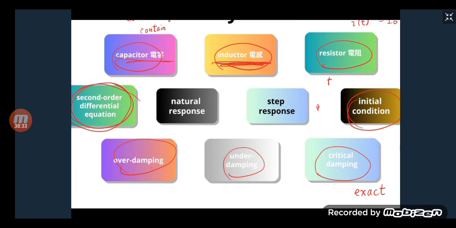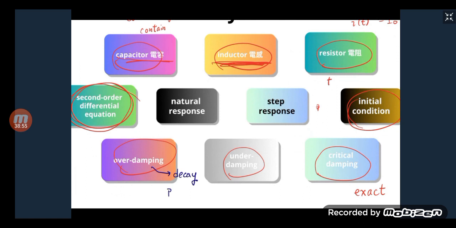The term damping is like decay. Yeah, it means the phenomenon to become smaller and smaller gradually. 慢慢衰减，这种 damping.